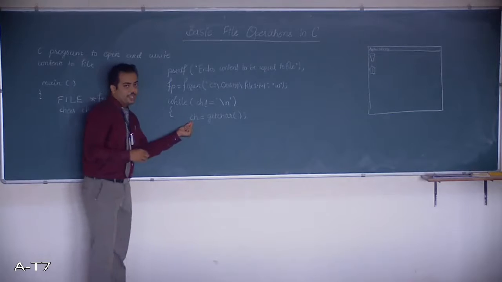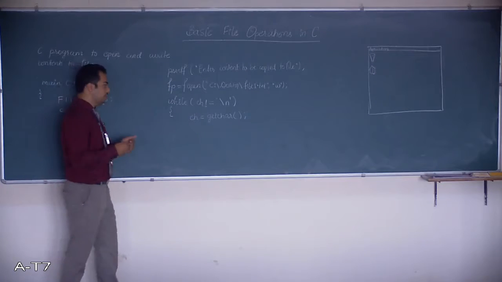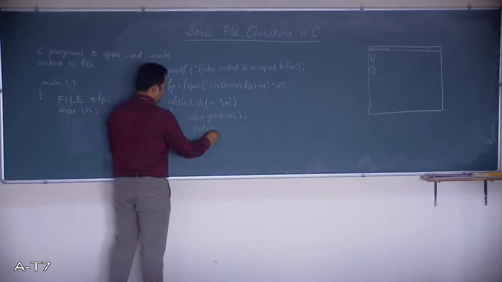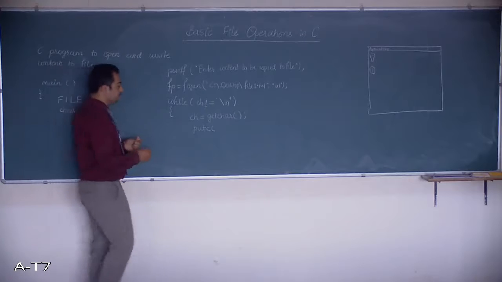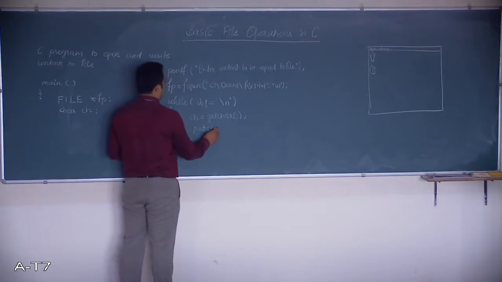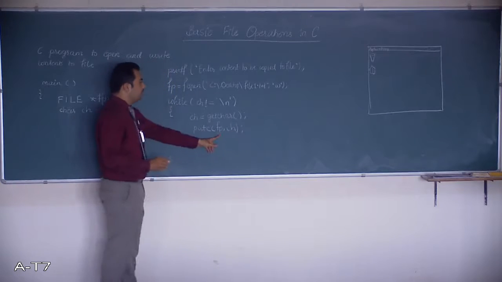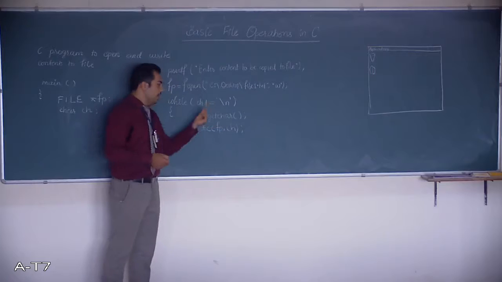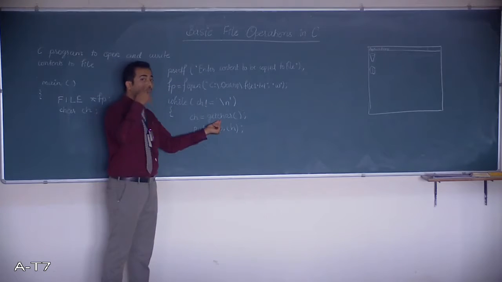This character I want to put into the file, and for that I'll be using a function called putc. This function putc will write one character to the file. So I mention the file pointer as well, that is fp, and this variable ch. So fp has already opened file1.txt in the write mode, and to that we are writing a character stored in ch, which has been taken from the output screen.